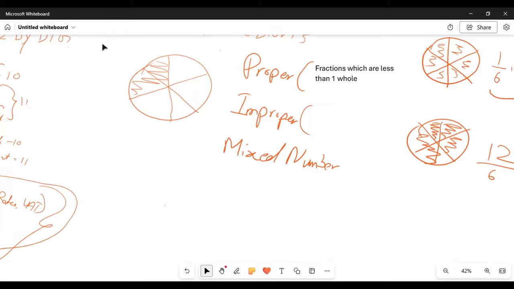Okay, so mixed number is not a big thing. That is simply another way of representing improper fractions. So actually we have 2 types, proper and improper. Another way of representing improper fraction is going to be mixed number. Whole plus proper fraction.